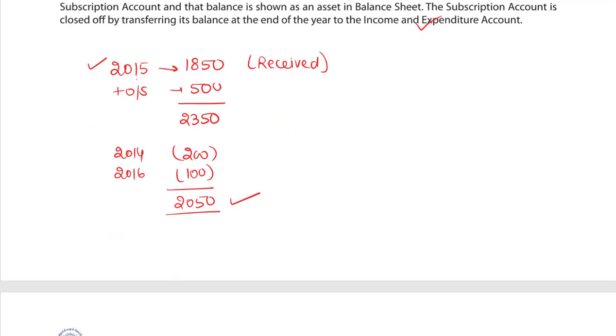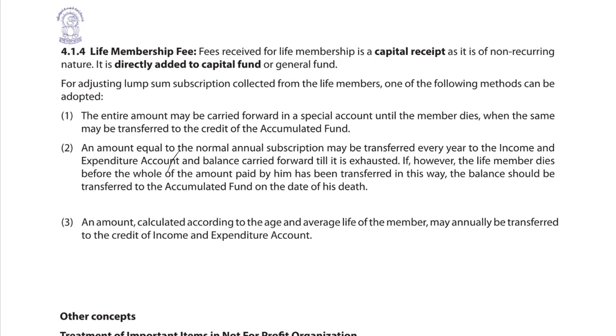Let us continue. Life membership fee. Fee received for life membership is a capital receipt, as it is non-recurring in nature. It is directly added to the capital fund or general fund.